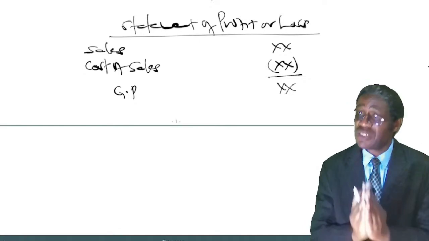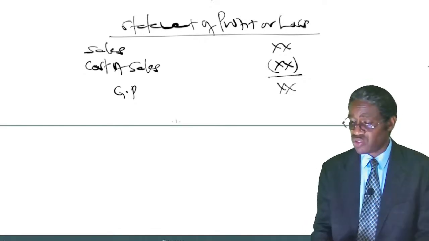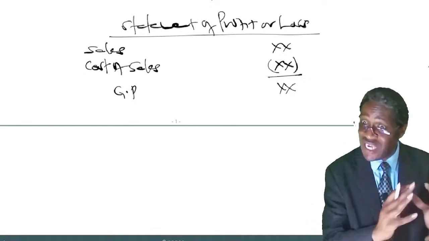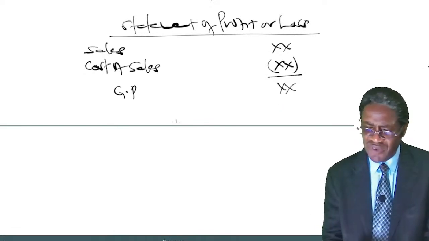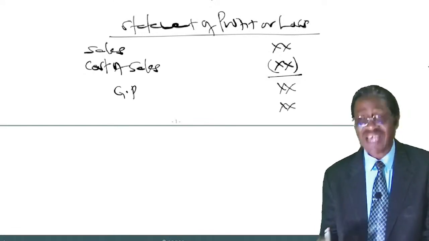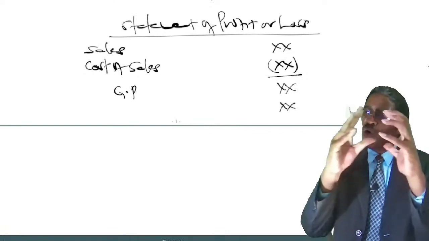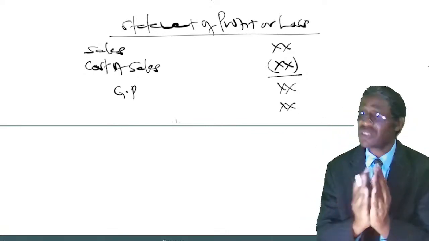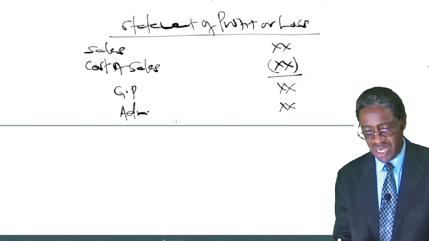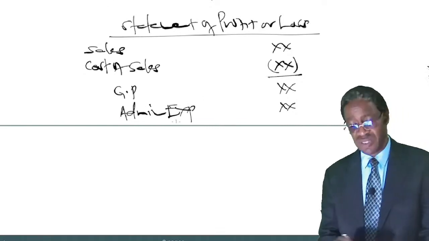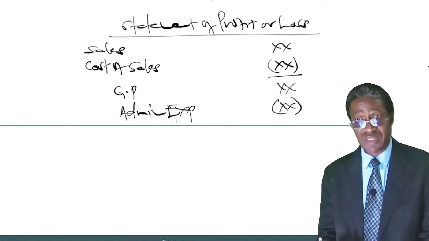Combine all those administration expenses somewhere as a working and bring them as a single amount. So you come and say your admin expenses, whatever it is, you minus.